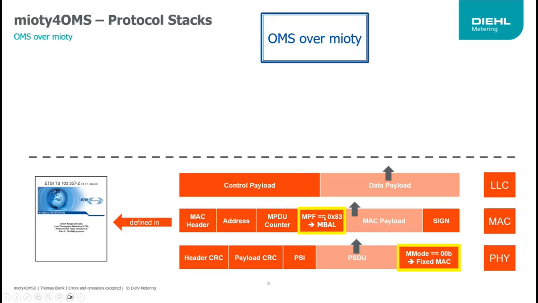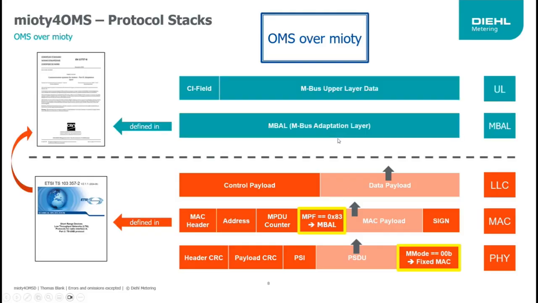Here the value 83 is pointing to a so-called MBUL, the link layer here, which is an optional thing in mioty in principle, but can of course be there as well. And now in the upper layers, you exactly see this MBAL that is introduced here. This is an MBUS adaptation layer. This MBUS adaptation layer is defined in the EN standard, one of the MBUS standard families, the -8 document.